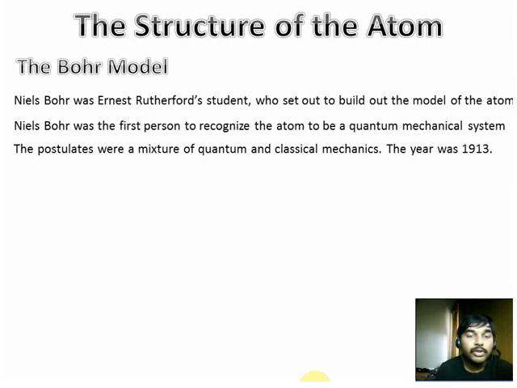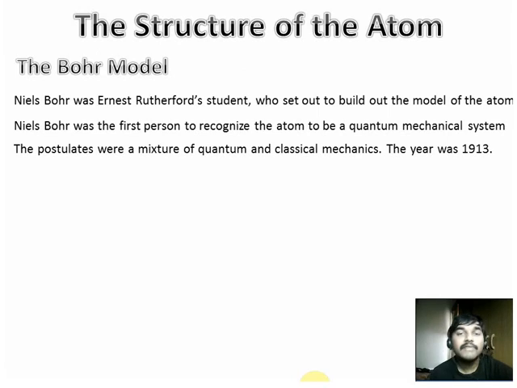Niels Bohr was the first person to realize that the atom is not that simple a system. It's not a system which can be explained classically. You have to involve quantum mechanics in order to solve the atom. He was building on the knowledge from Max Planck, Albert Einstein and Rutherford, and he said, okay, Rutherford's model of the atom was okay, but I can refine it using quantum mechanics.